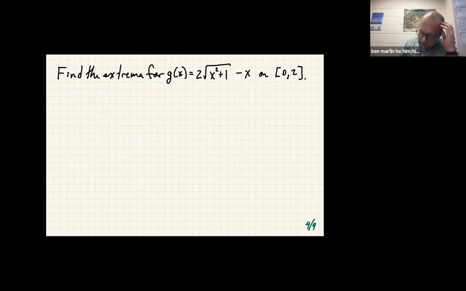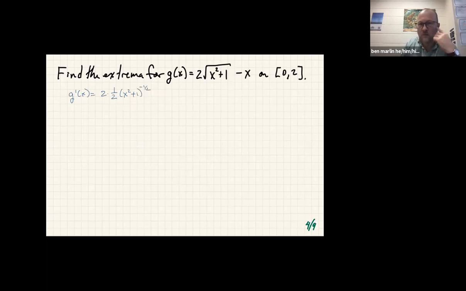All right, so this one we're looking at the extrema for a different function, but we're going to tackle it the same way. G prime of x, and so you have a 2 times, that square root means we'll have a 1/2 of the stuff to the -1/2 power.